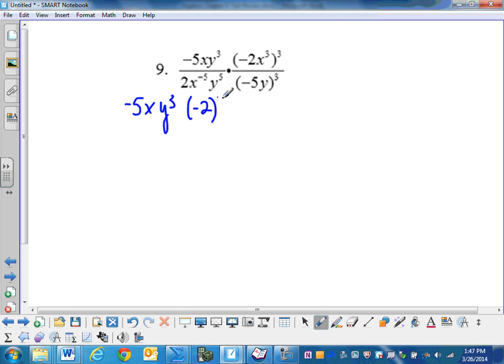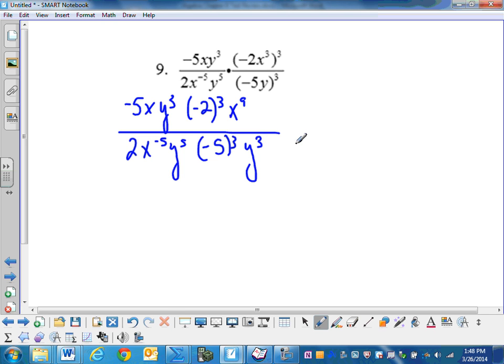So we're going to raise everything to the third power on this side, up here in the numerator. Okay. And now we're going to move negative exponents.